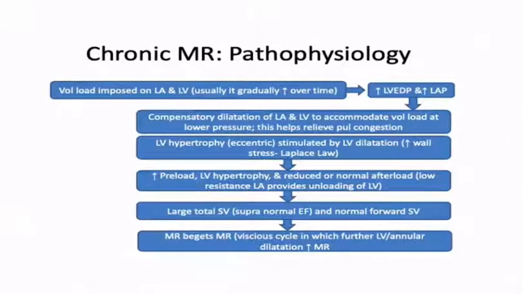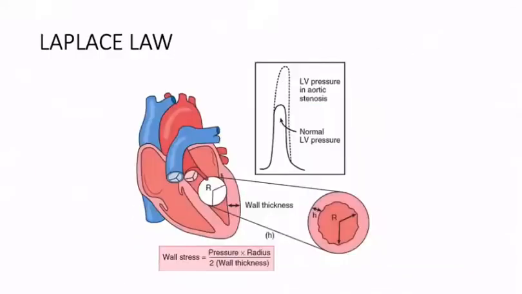Whereas in chronic MR, there are associated compensatory mechanisms. Initially, with a gradual increase in regurgitation over time, there is compensatory dilatation of both the left atrium and left ventricle. So LA compliance is increased, and LV compliance will be increased too.